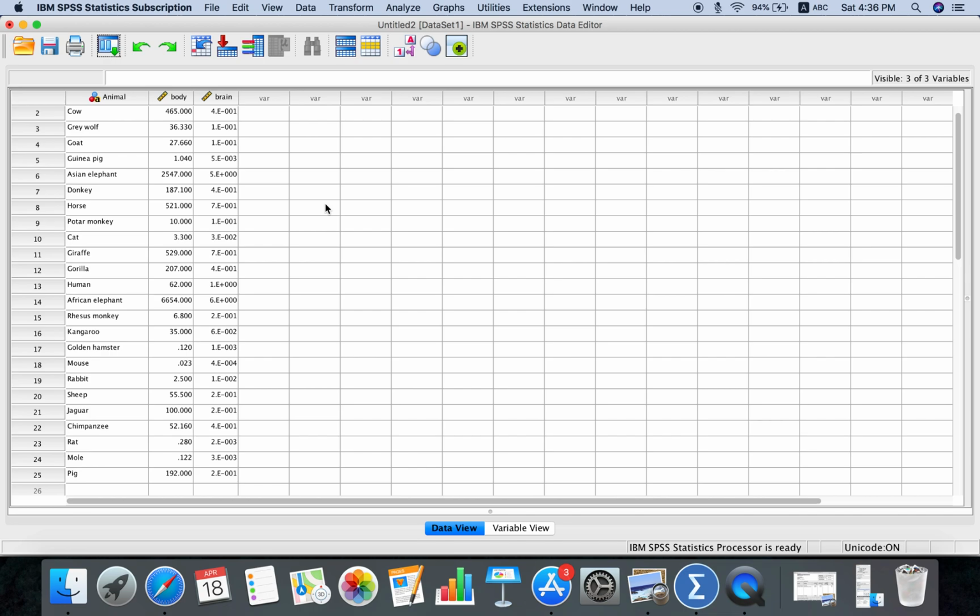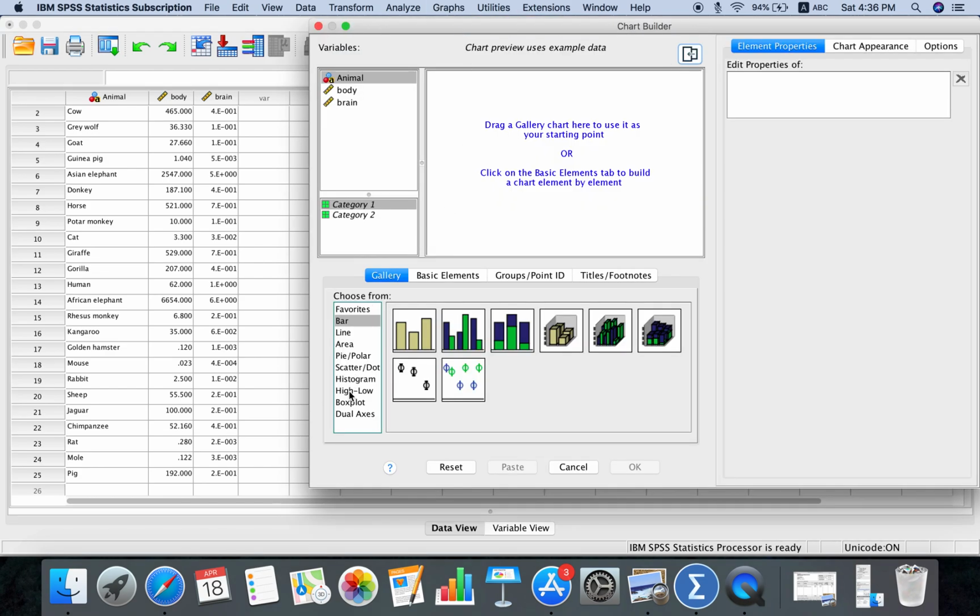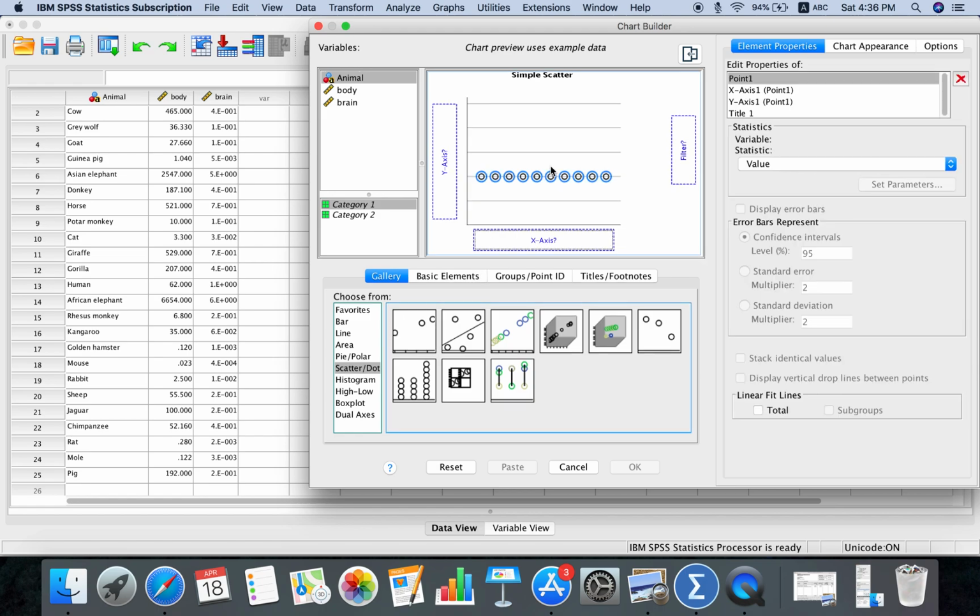For starters, we could do some basic data exploration by making a scatter plot. So we could use the chart builder with a scatter plot. We just want the simple scatter, so we drag this and put it here.